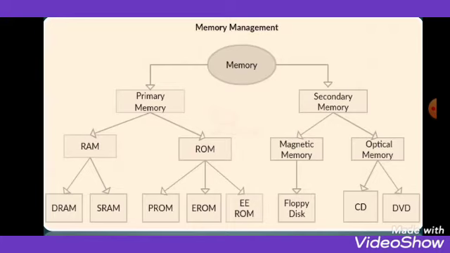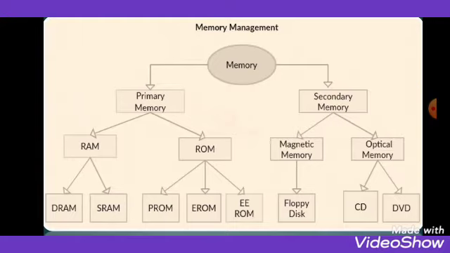Now I want to show you the classification of memory from the previous class. I hope you can remember. I am showing you this again: memory primarily we can divide into 2 parts, that is primary memory and secondary memory. And primary memory again has 2 parts, that is RAM, random access memory, and ROM, read only memory. In RAM we get dynamic RAM and static RAM, that is SRAM.